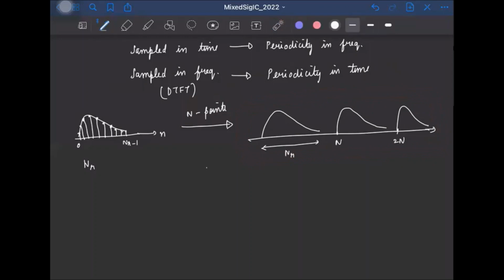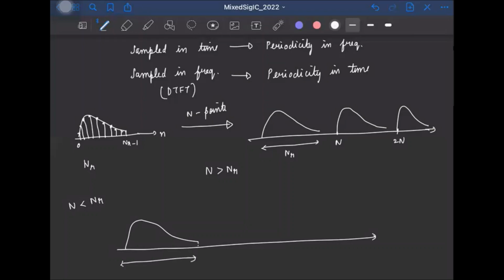In this case, I've chosen the number of frequency points to be greater than the record length, right? So let's see what happens if I choose the number of frequency points to be less than NR. What will happen if I do the reconstruction? Well, I'll have the signal getting repeated after N samples. But in this case, if this is my total of NR samples, N is less than NR, so I'll start having repetitions from here itself.